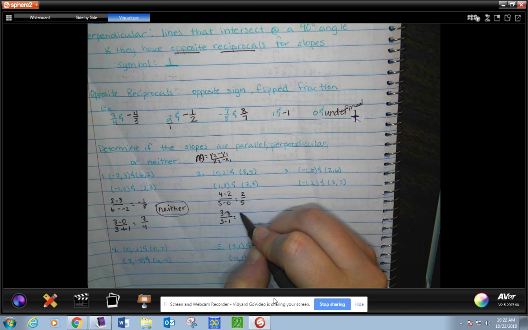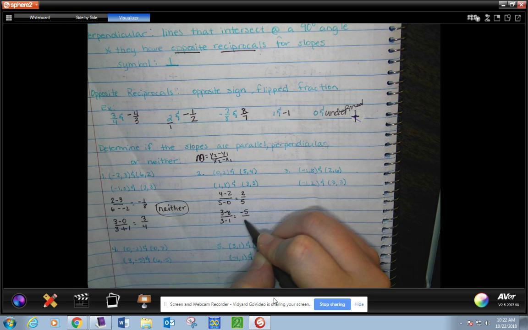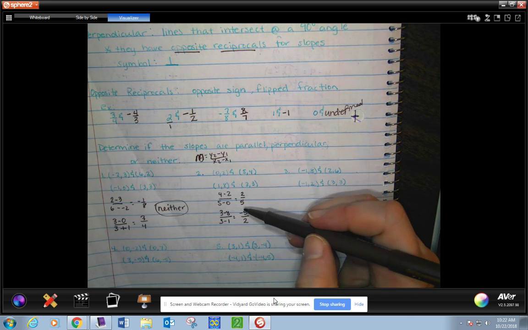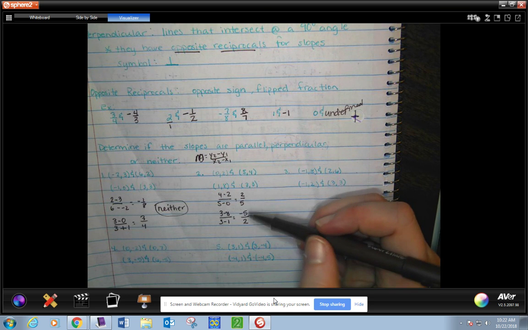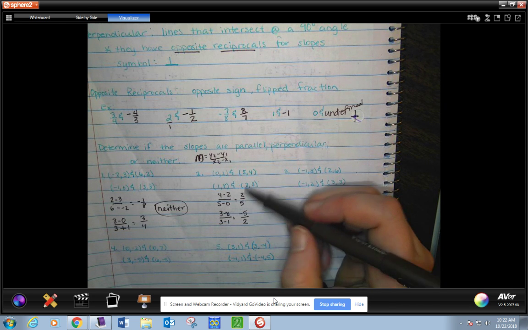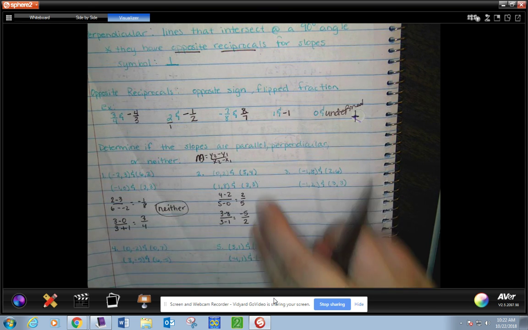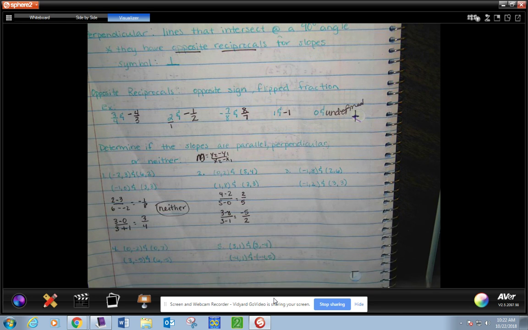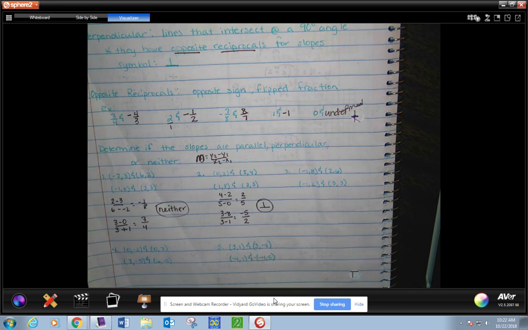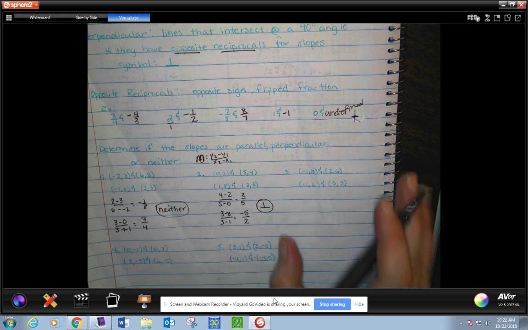Okay, 3 minus 8 is -5, and 3 minus 1 is 2. So I look at my 2 answers, and remember, they always have to be in simplest form. 2/5 and -5/2. They're not the exact same, so they're not parallel, but they are opposite signs and the fractions flip. So therefore, this answer is perpendicular. And if you don't want to write the word, you're more than welcome to use the symbols.